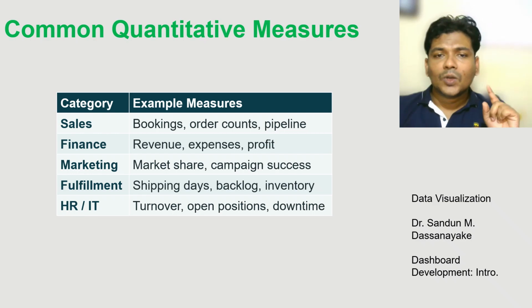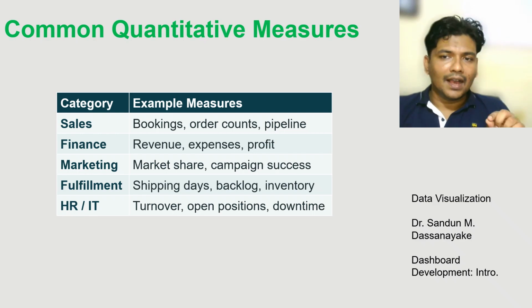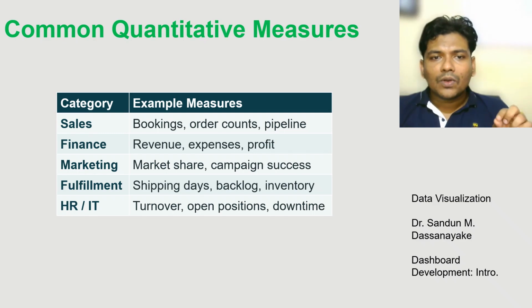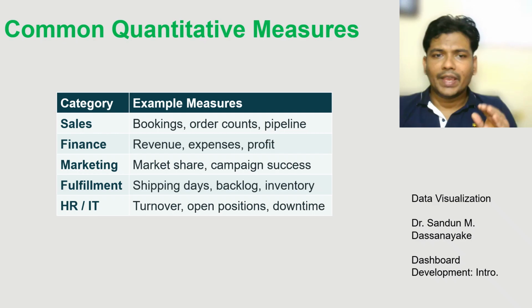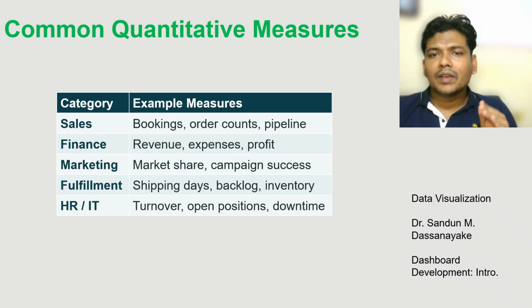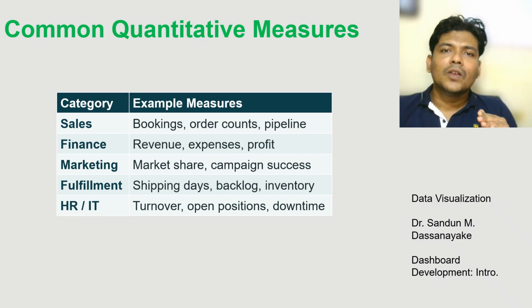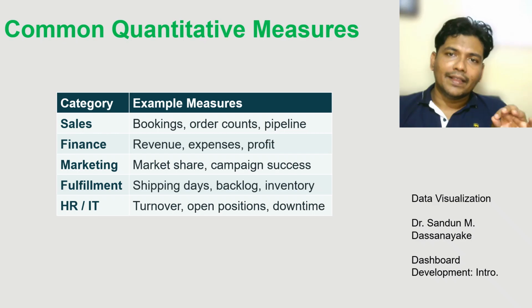Dashboards exist to let you monitor a lot of business activity at a glance, and raw quantitative summaries are simply the most efficient way to compress that information into a small amount of screen space. Whatever domain you are designing for, you will likely be working with measures like these.